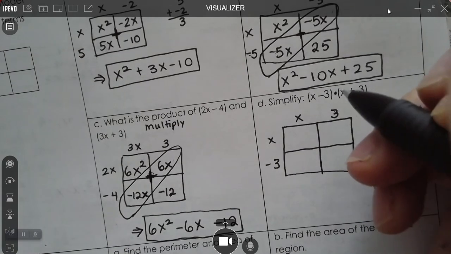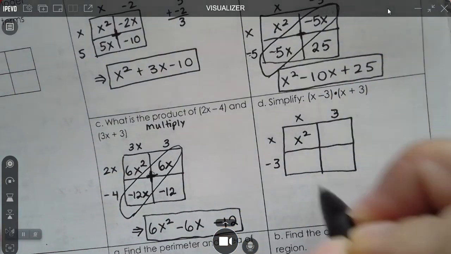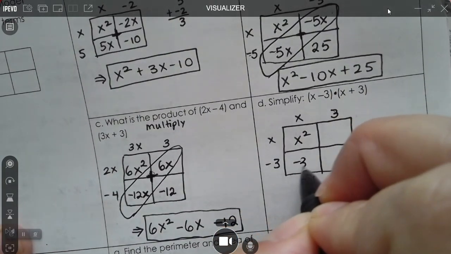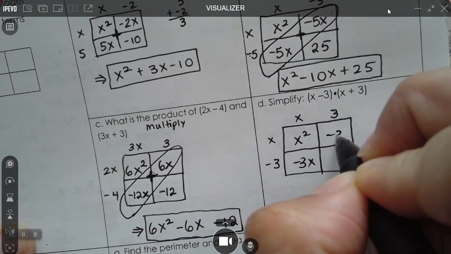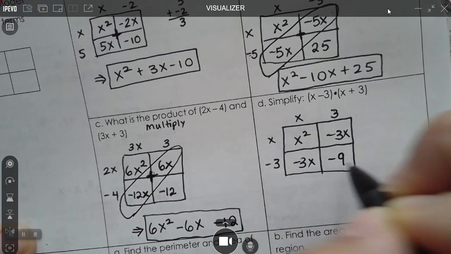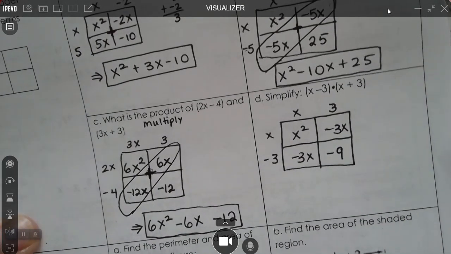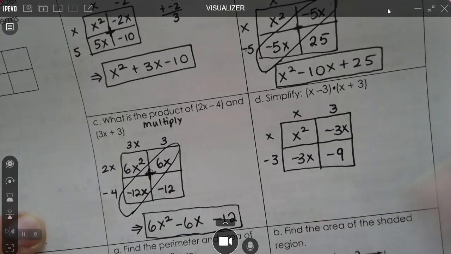We're good? Everybody had an opportunity? Okay, x squared, okay, minus 3x, and -9. Okay. All right, so we're done multiplying. Once you fill in the boxes, we're done multiplying.